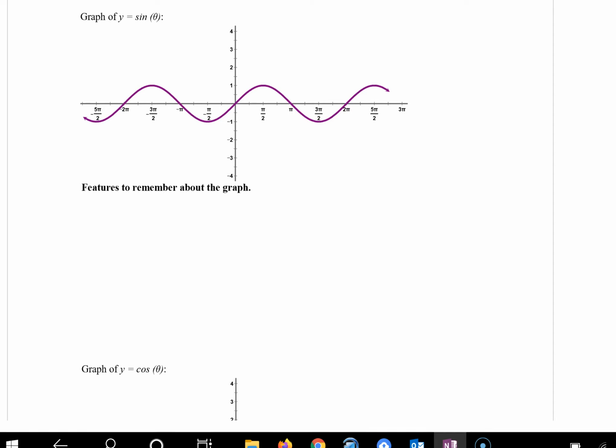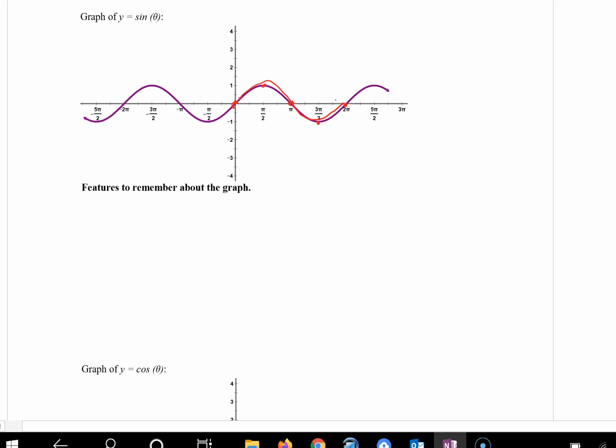The patterns for sine were that we wanted to mark off these 5 important points, and those 5 important points indicate the major parts of one complete period.